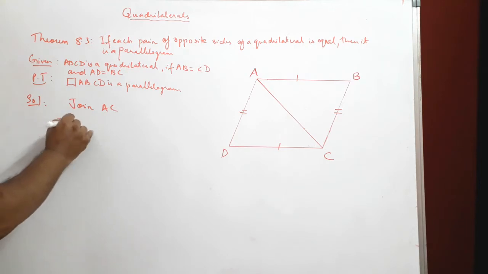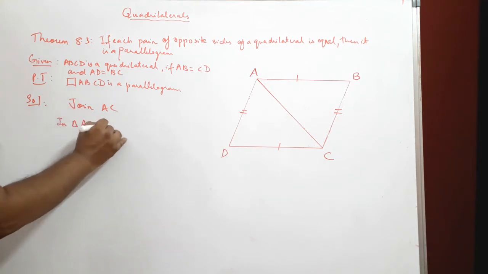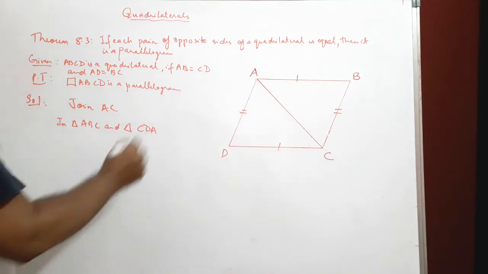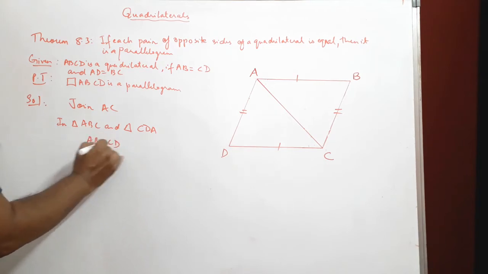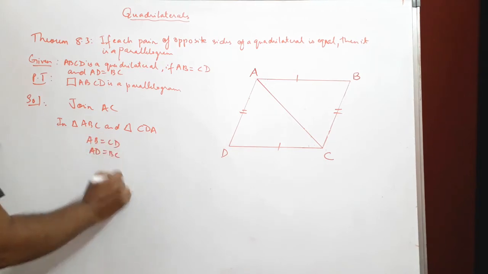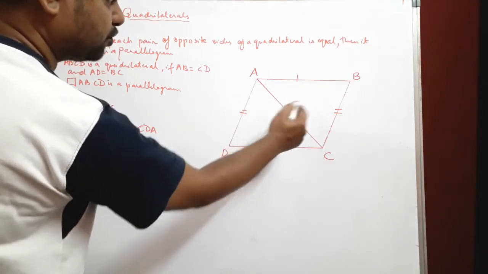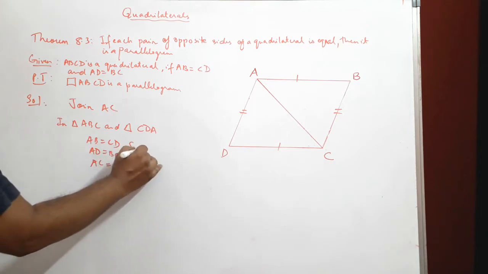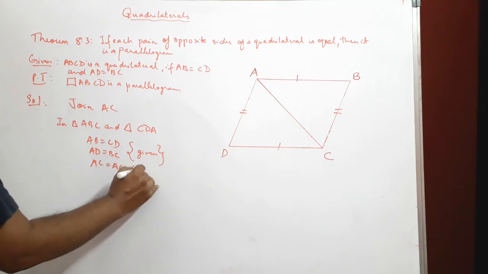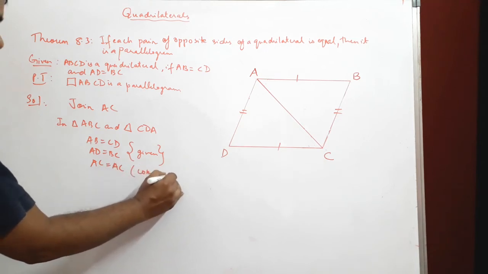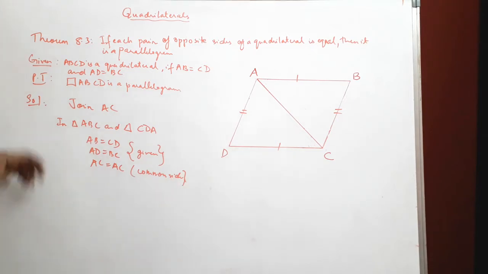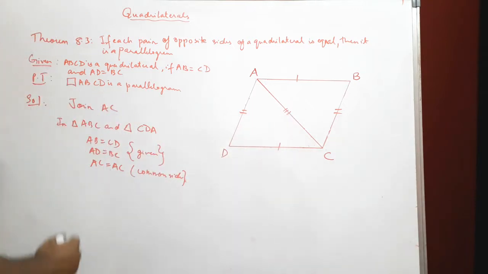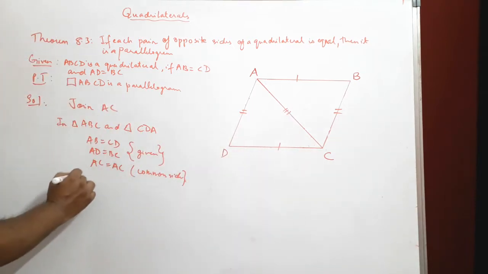So in triangle ABC and triangle CDA, we have already been given AB is equal to CD and AD is equal to BC, plus we know that AC is a side that is common to both the triangles, so AC is equal to AC. For the first two we give the reason as given, and for this the common side. So side, side, side: by SSS we can show that these two triangles are congruent to each other.